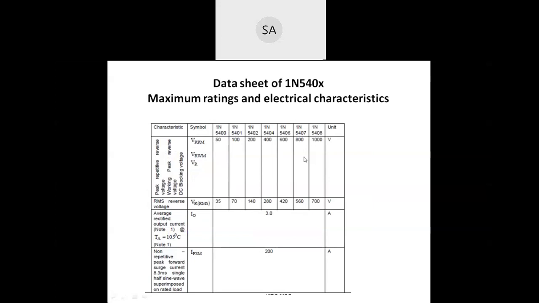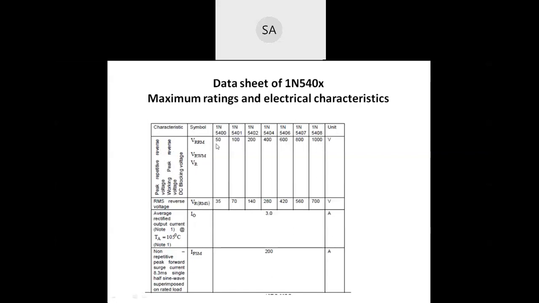Now the maximum ratings and electrical characteristics in the data sheet of the IN540X series, which is rated for 3 amperes. Here the same characteristics are given: peak repetitive reverse voltage, working peak reverse voltage, and DC blocking voltage, specified as VRRM, VRWM, and VR.